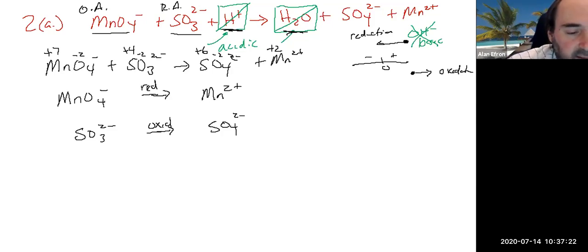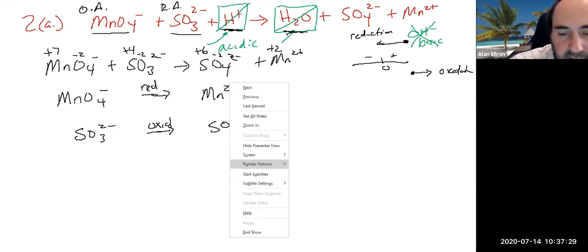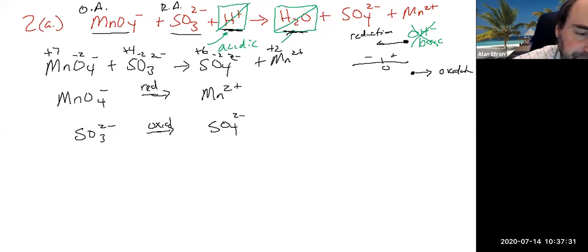The next thing we want to do is add water, again, to balance out the oxygen. So when we look at the top half reaction, there's 4 oxygens on the left, none on the right, which means the right-hand side should get 4 waters. Because I added 4 waters here, I want to add 8 H pluses over here.